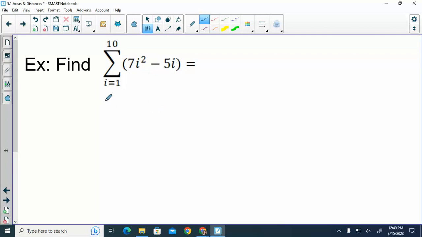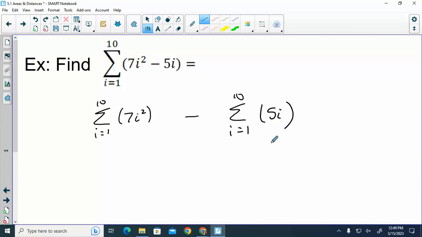This has a minus in between, but we can essentially add up the first term and subtract what we get when we add up the second term. I also told you that if you have coefficients, you could pull those out in front of your sum. So this is 7 times the sum from 1 to 10 of i squared minus 5 times the sum from 1 to 10 of i.